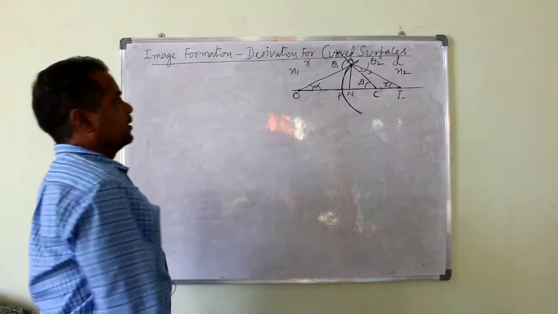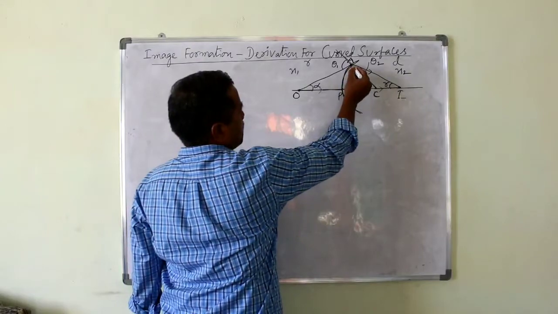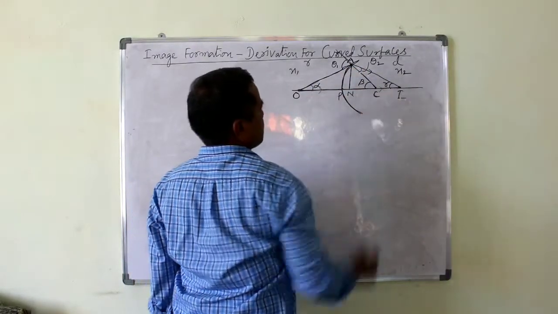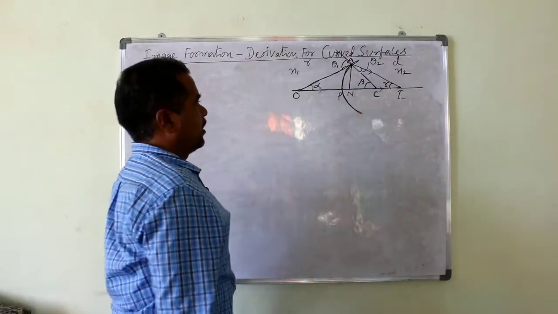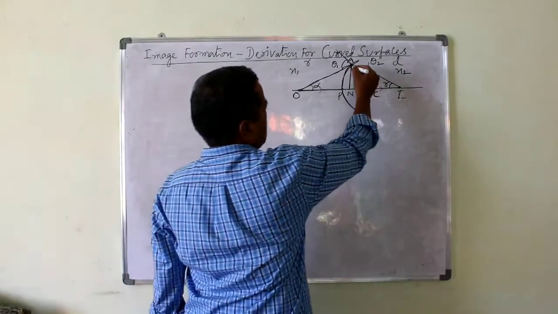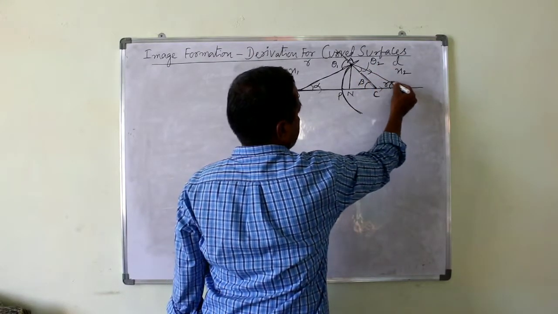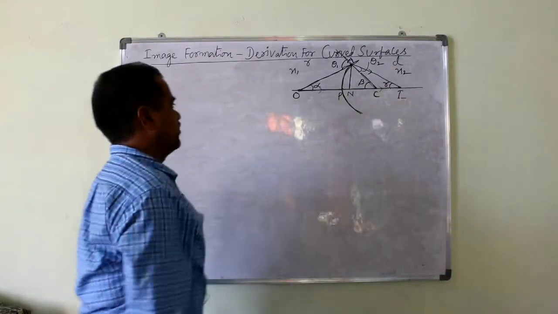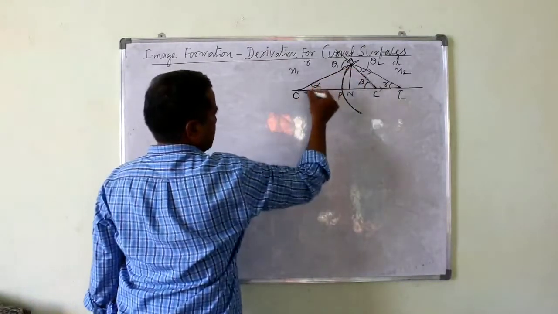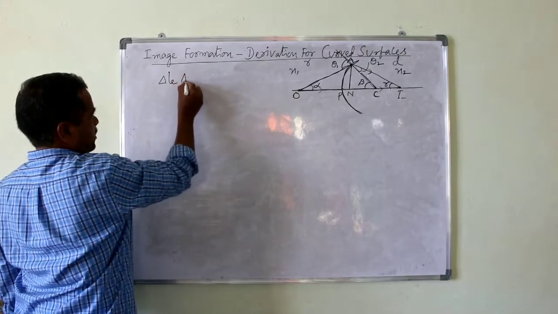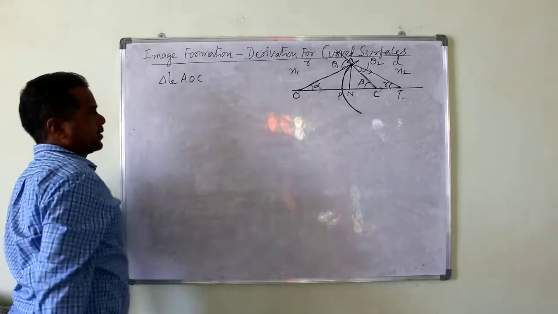So here triangle AOC is formed, and triangle ACI is also formed. First consider triangle AOC.